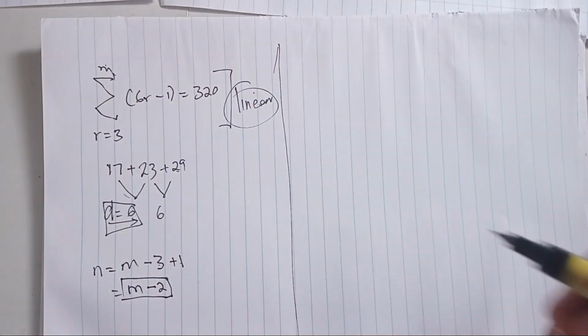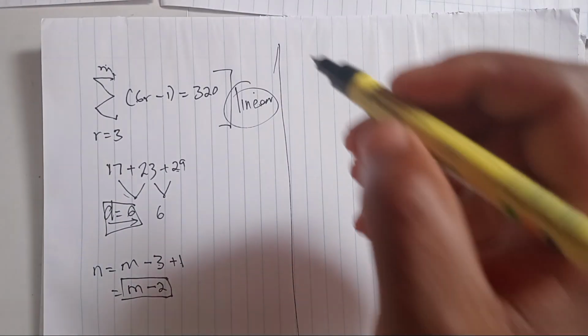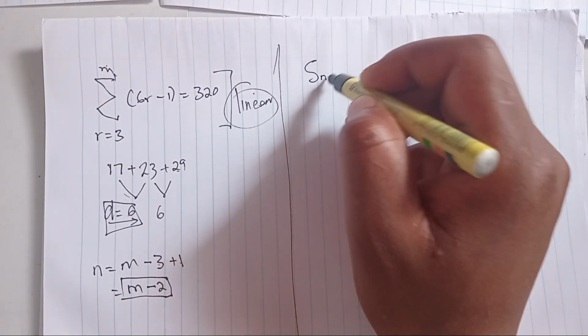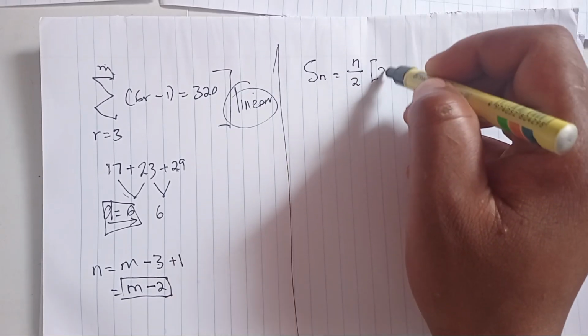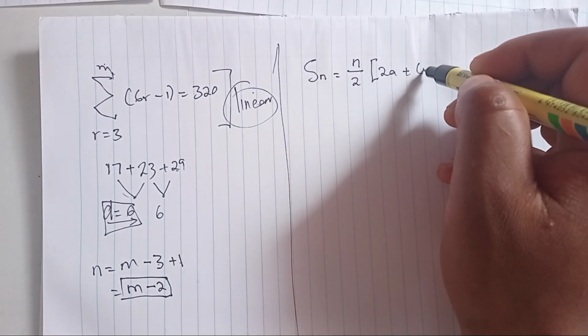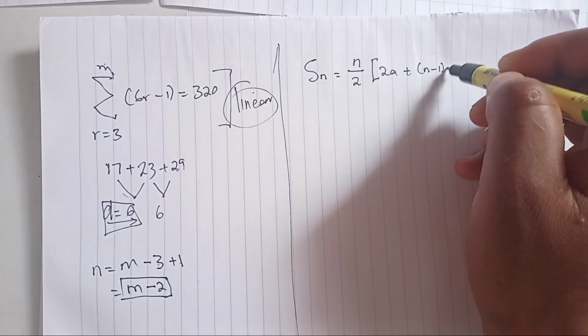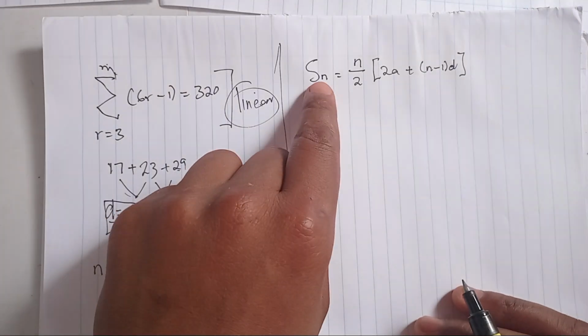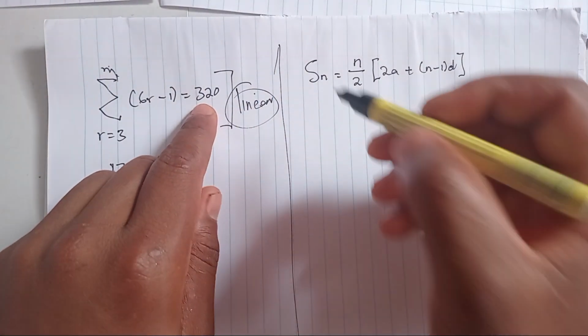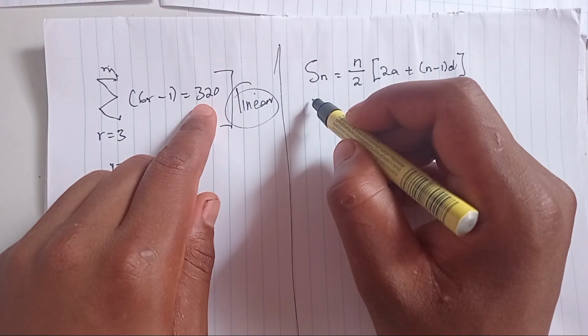Since it's a linear or an arithmetic series, it means that we're going to use the formula Sn is equivalent to n over 2 into 2a plus n minus 1 and then d. So now we are going to substitute what we know. Sn is equivalent to 320.